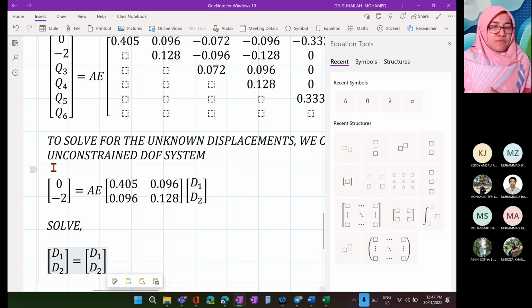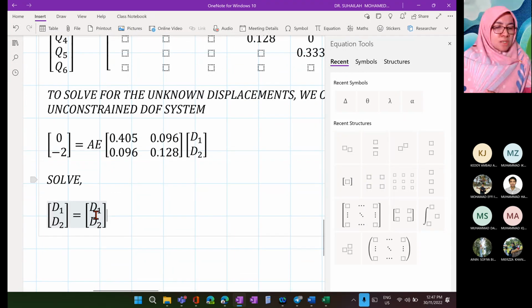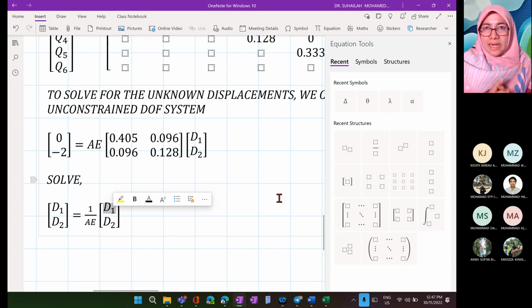It is equivalent to two simultaneous equations. So we get the answer per AE. What is the value for D1 and D2?